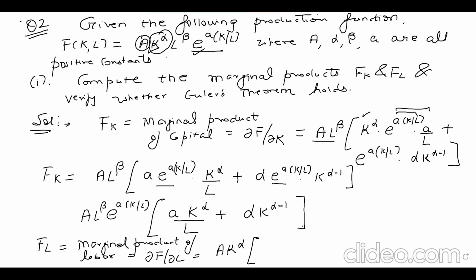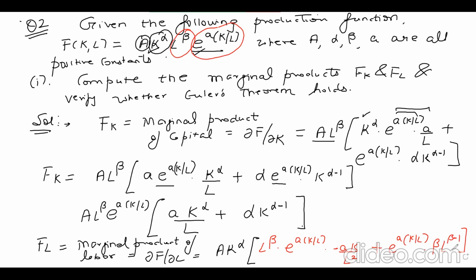And now I'm going to apply the product rule to L to the power beta times e to the power AK by L. So it's L to the power beta times the derivative of e to the power AK by L, which is e to the power AK by L times minus AK by L square, if I differentiate with respect to labor, plus e to the power AK by L times the derivative of L to the power beta, which is beta L to the power beta minus 1. This is what I get as FL.